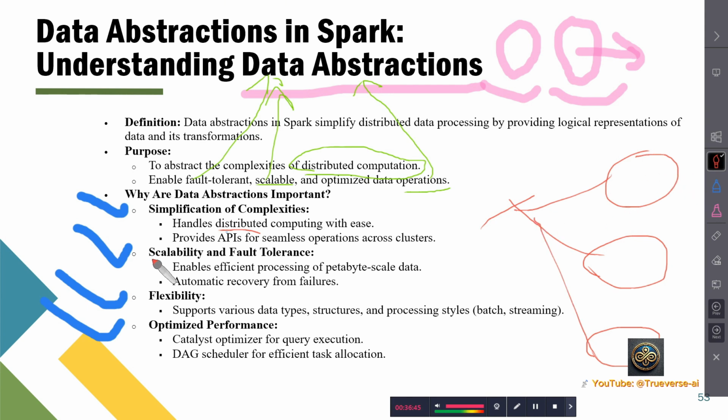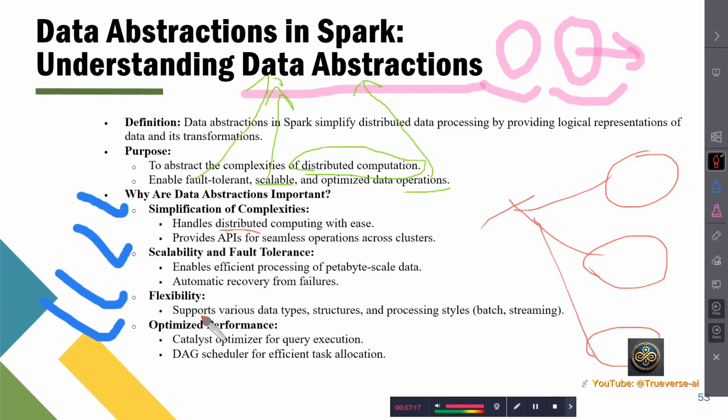Another advantage, which is somehow similar, is scalability and fault tolerance, which I mention here. This is automatic recovery from failure. Because your data is divided into many sections for analysis, into the file in a main file.